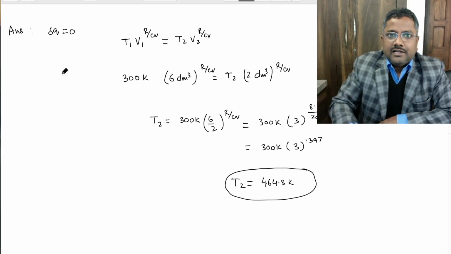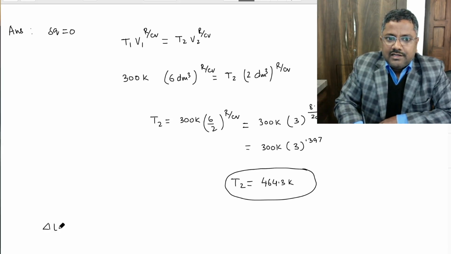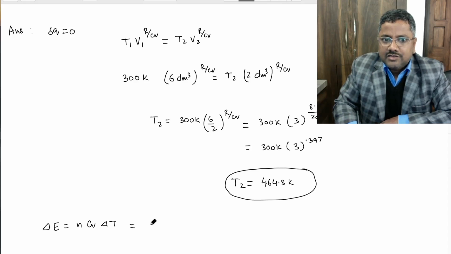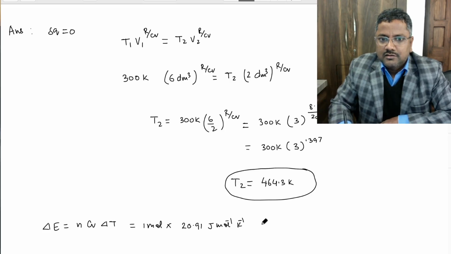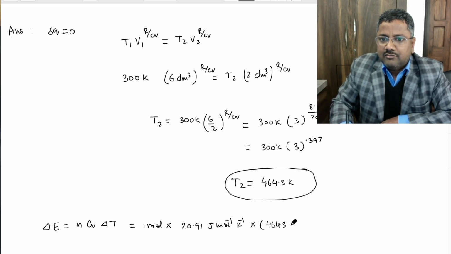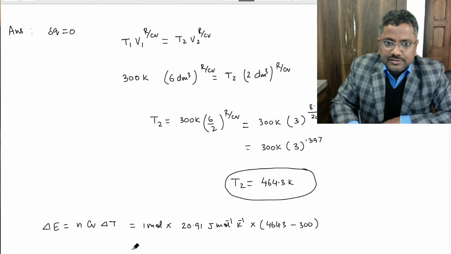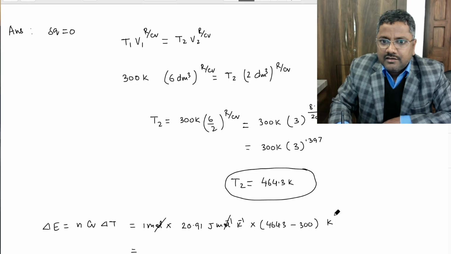Now delta Q is 0, and delta E is equal to n CV delta T. n is equal to 1 mole, CV is equal to 20.91 joules per mole per degree Kelvin, and delta T is 464.3 minus 300, which is 164.3 Kelvin.